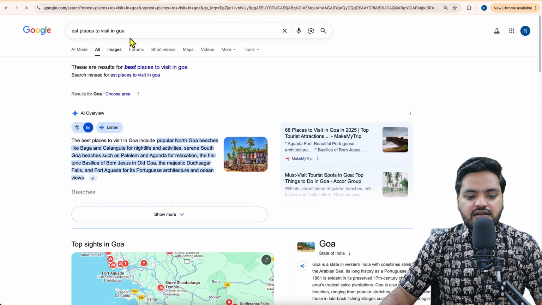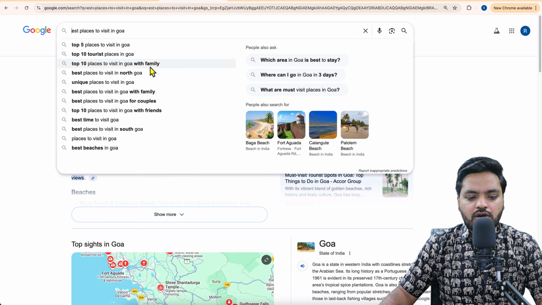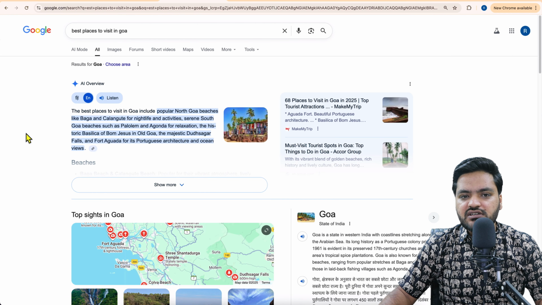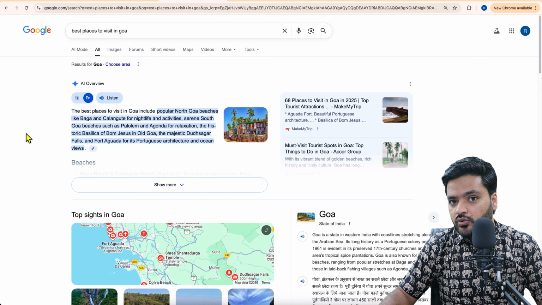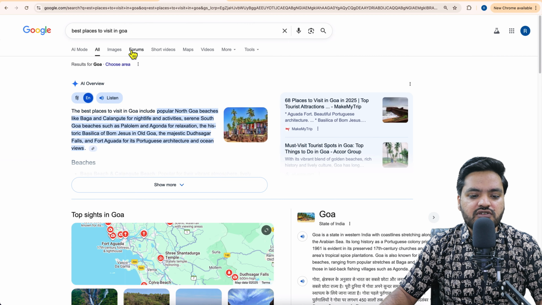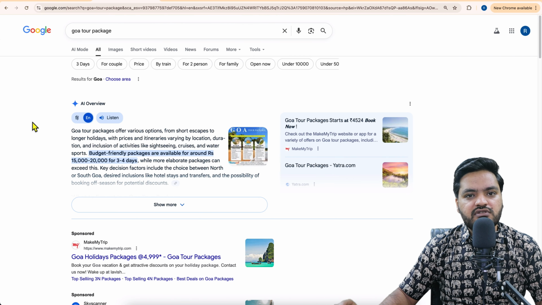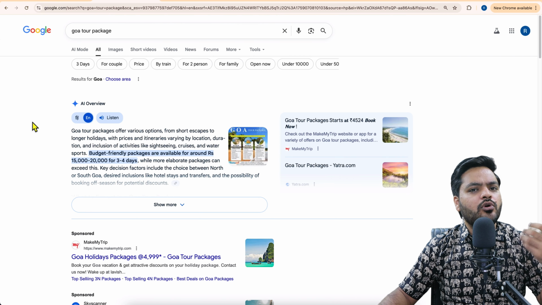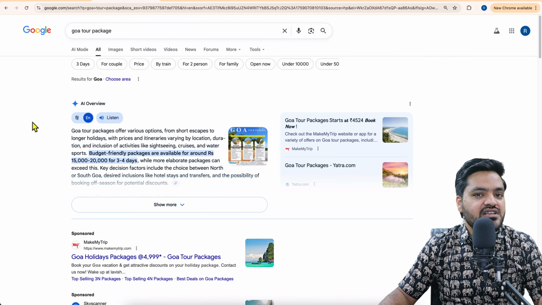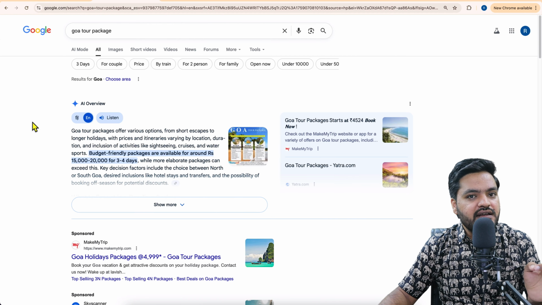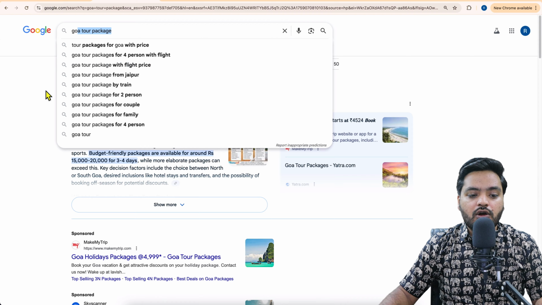Although you can say that the meaning of the keyword best places to visit in Goa shows the same thing, that the person is interested to visit Goa, and that's why he or she is searching for that. And if somebody is searching for Goa tour packages, it means they have the same interest, they want to visit Goa. But if you look at the actual or high intent, it is in this keyword, Goa tour package.